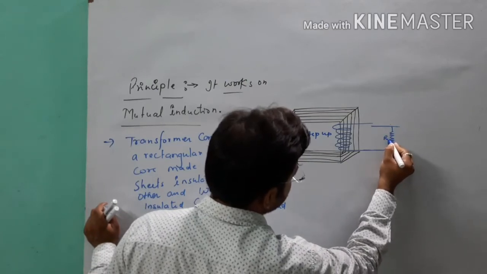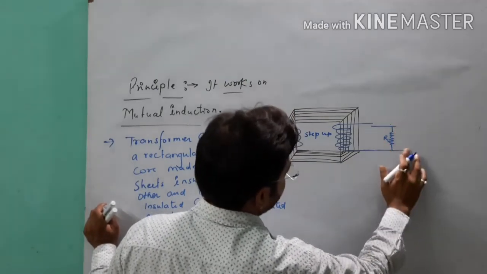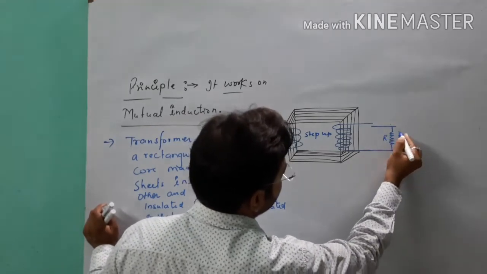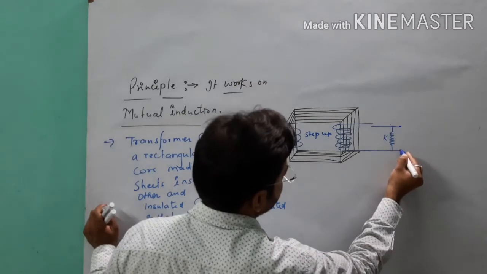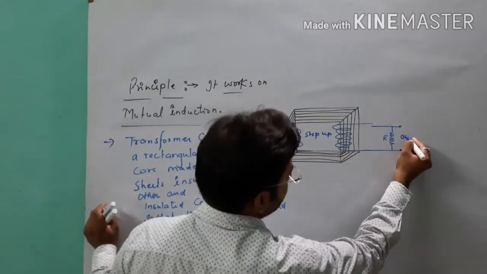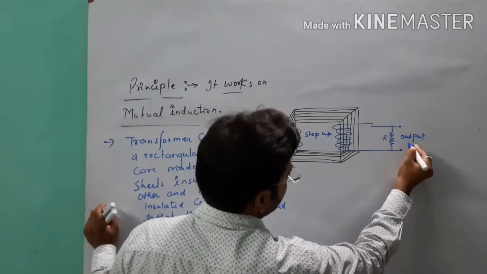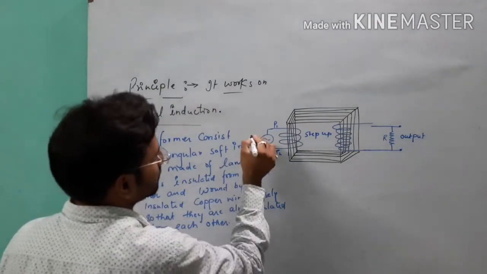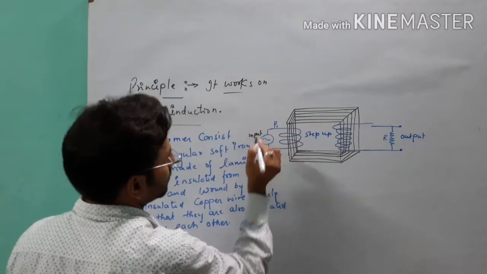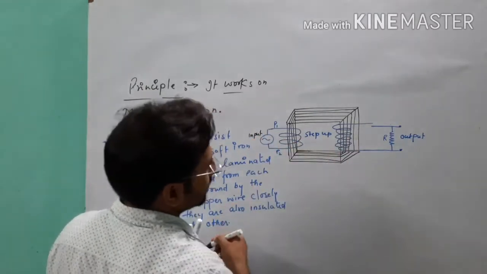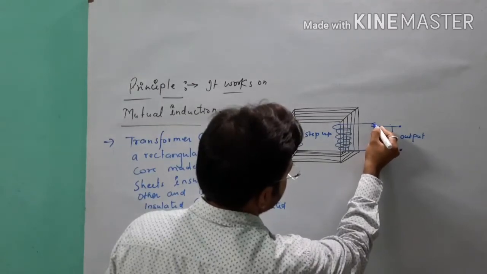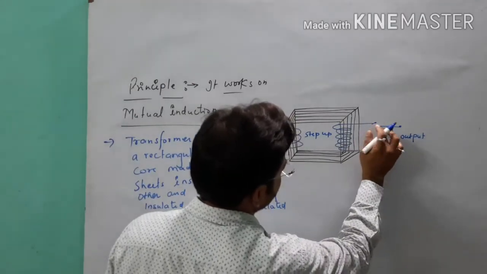This is our load resistance. We can write here RL, or if you want you can write only R, and this is our output part, and this one is our input. This is our primary coil and secondary coil. This is a switch, or you can say a plug.